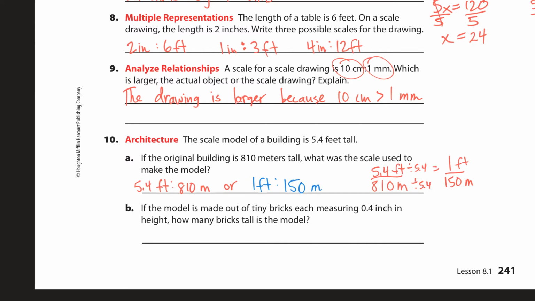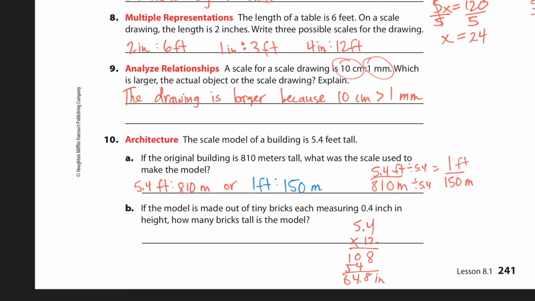If the model is made out of tiny bricks, each measuring 0.4 inch in height, how many bricks tall is the model? So first, it's 5.4 feet tall. We're going to multiply that by 12, right? To get how many inches we've got. 5.4 times 12 is 64.8 inches.